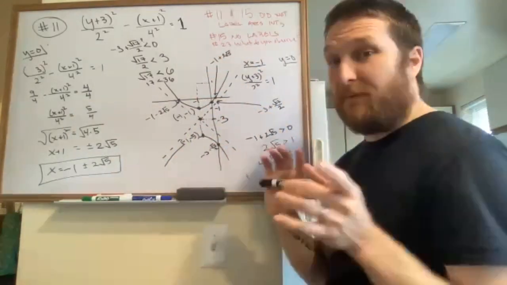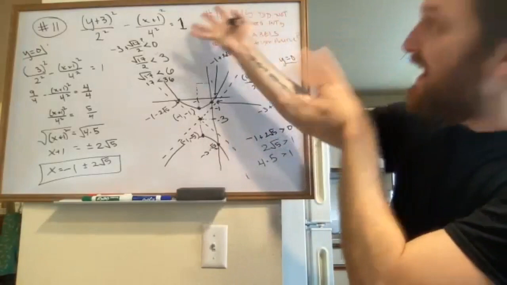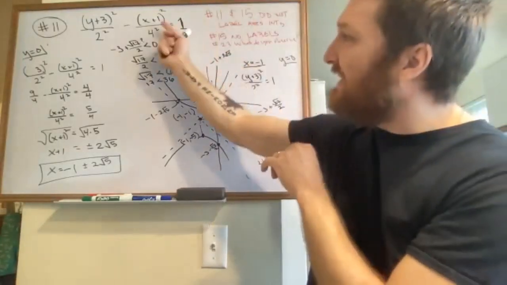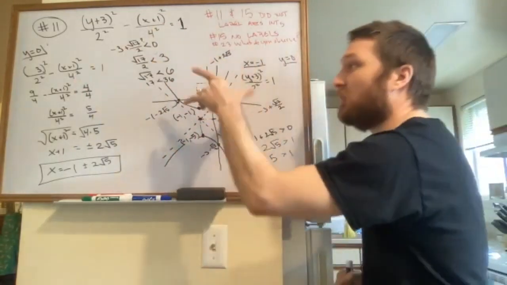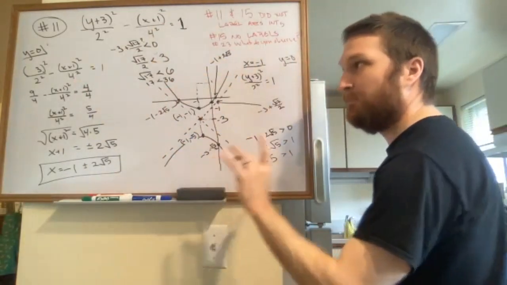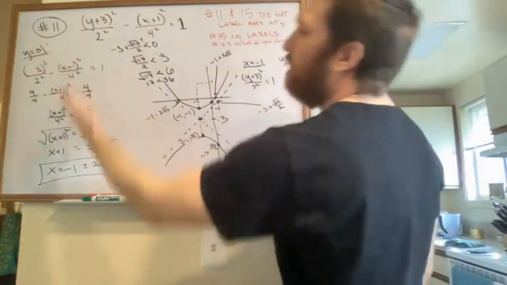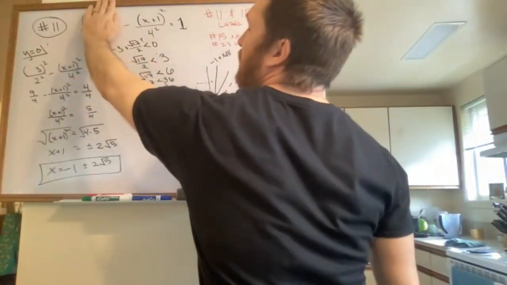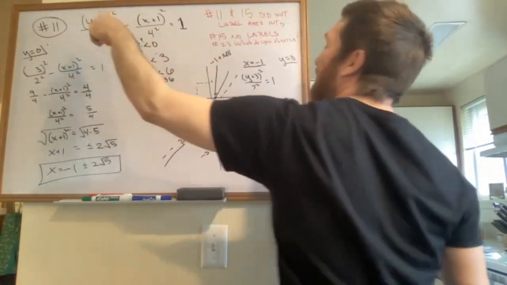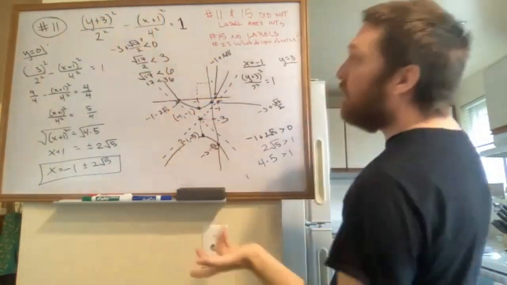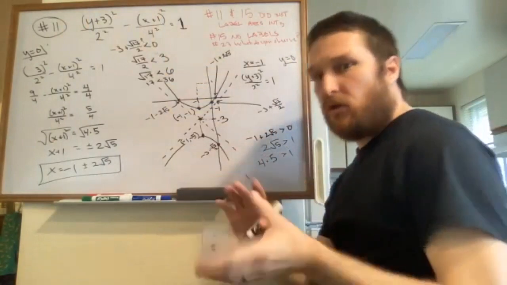In this context, plugging in an actual 0 to find where it goes through one of the axes isn't as simple as saying, if y is equal to 0, that whole thing disappears. No, it doesn't. It has to be -3 to make that whole thing disappear. And so that's another method you could use.